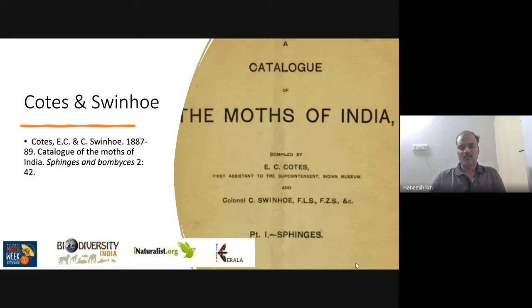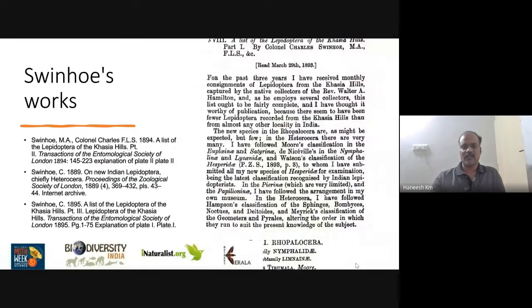The catalog of moths basically covered Sphingidae and Bombycidae, and then a few more works continued.